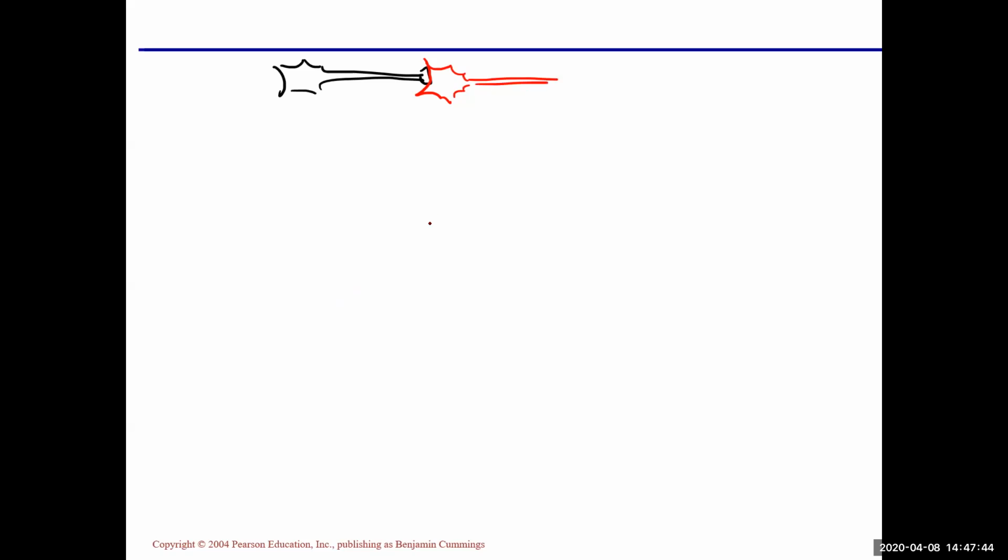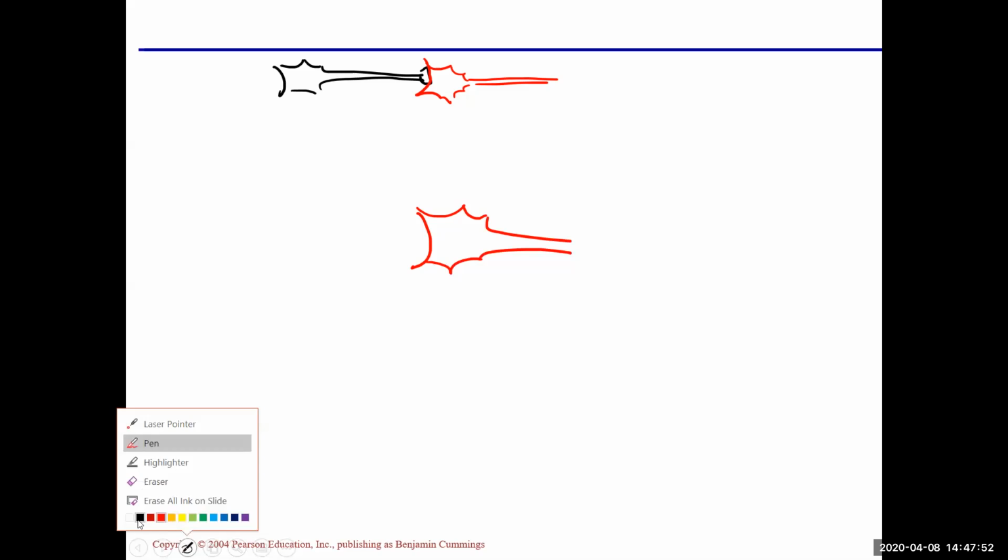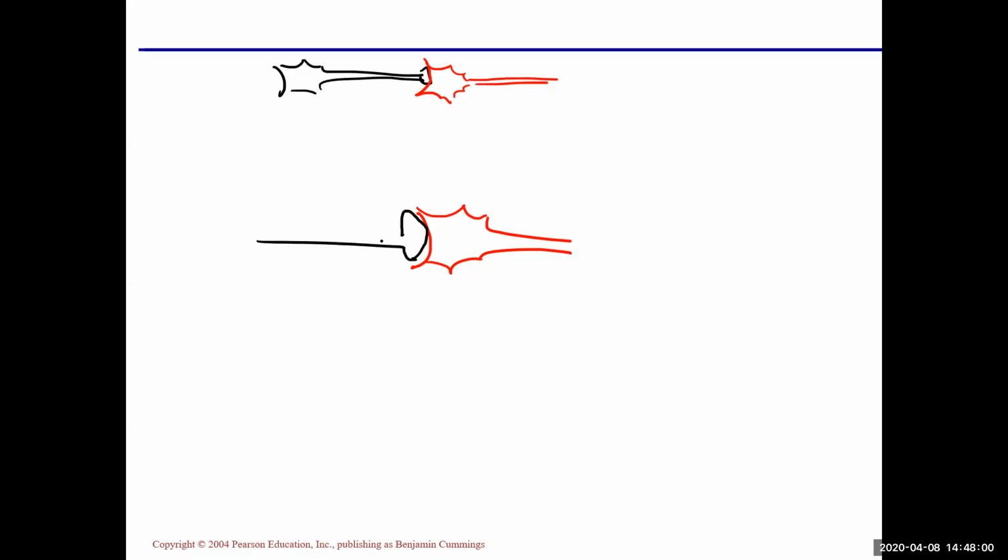If we wanted to take a look at this portion, the neuron, and we could go ahead and take a look at the axonal terminal of another neuron, all right? So here is the axonal terminal of another neuron right here.